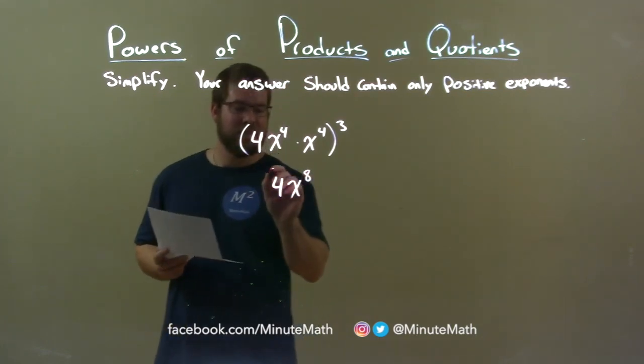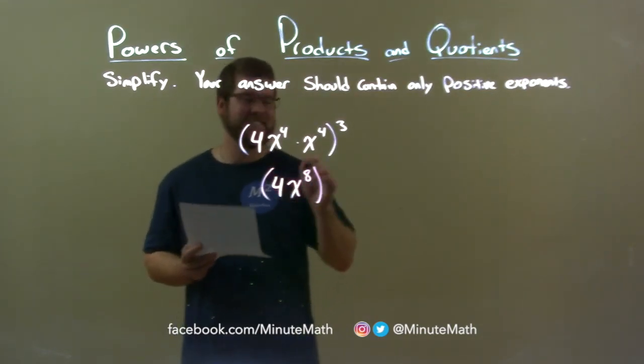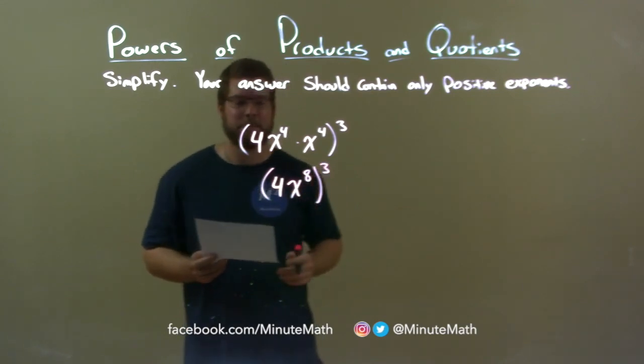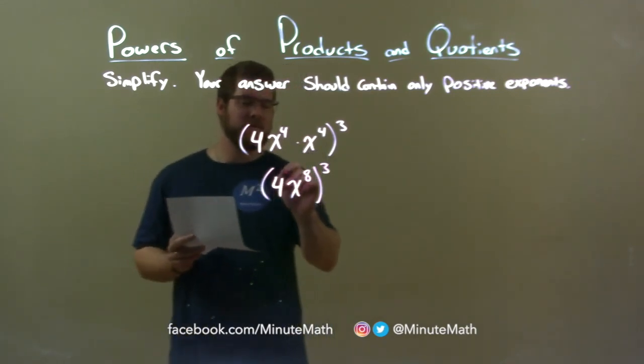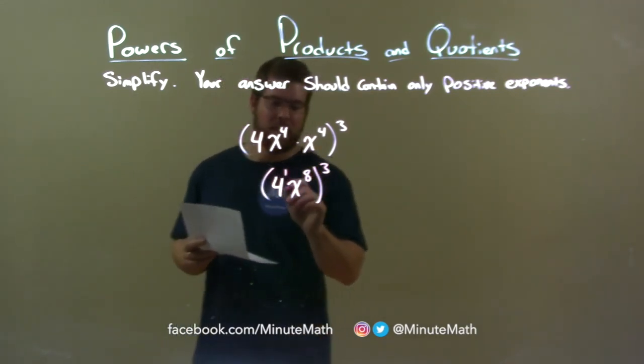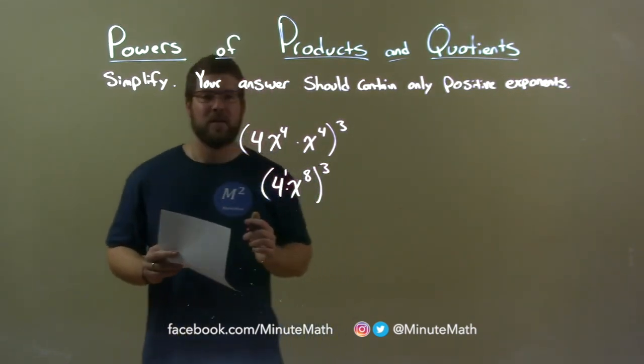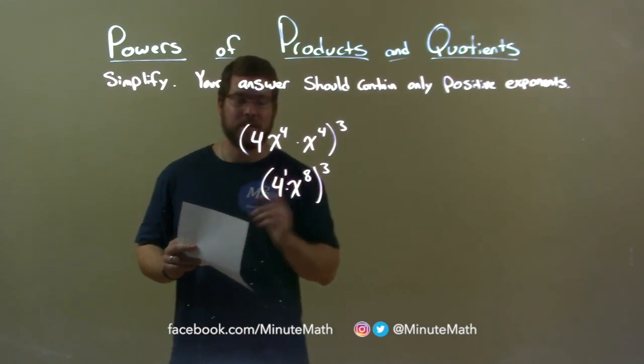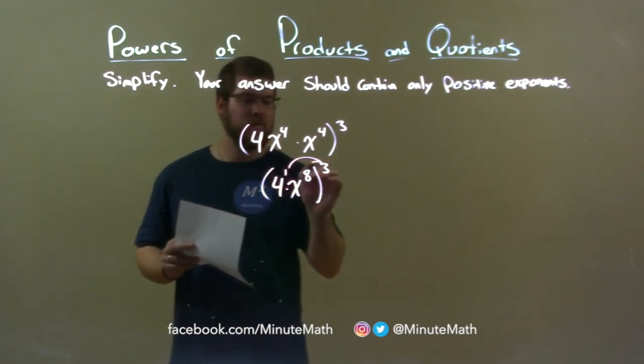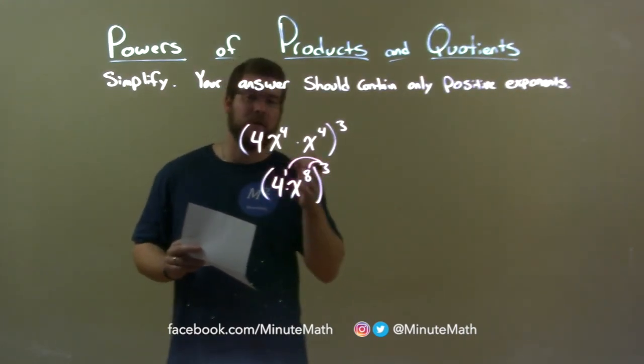power. All right? Don't forget, though, to raise it all to the third power, right? Well, 4 is really 4 to the first power, not the 8th power, and 4 and x are being separated by multiplication. To simplify this, we take the exponent of 3 and we distribute it to both parts within the parenthesis, both exponents.